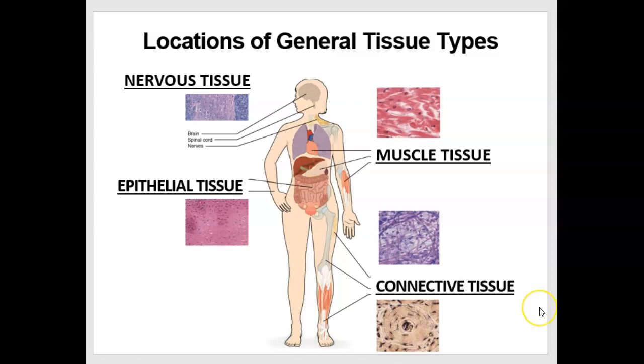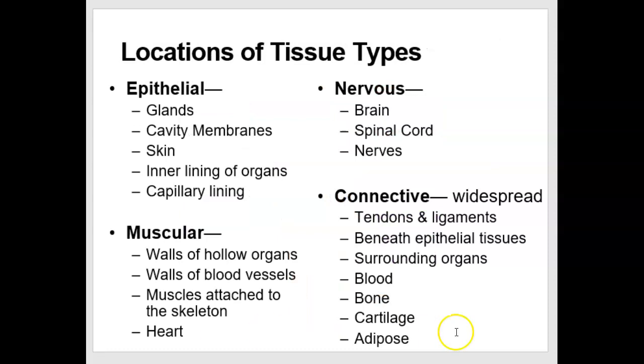So your lab manual as well as your textbook has a complete list of locations, but here are some that I think we'll encounter that are most important. So for epithelial tissue, we'll definitely be looking at the skin in both lab and lecture, and the lining of organs, including the lining of blood vessels. We'll also be looking at, well, we've already looked a little bit, but we'll look a little bit more at cavity membranes.